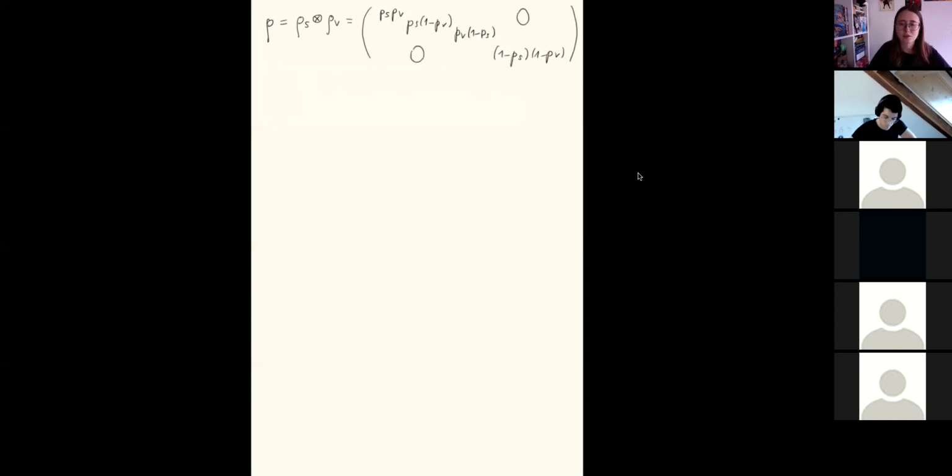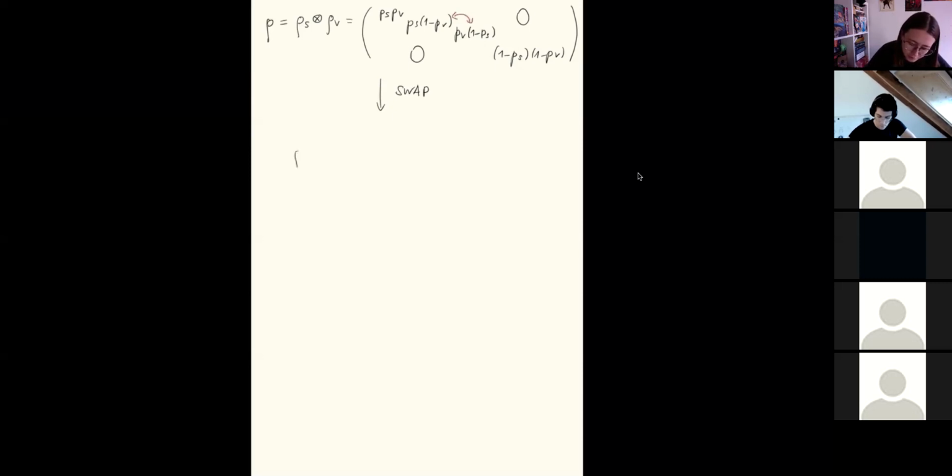All the other terms are 0. After we apply the swap operation, the populations of the levels 0,1 and 1,0 swap. They are just exchanged.